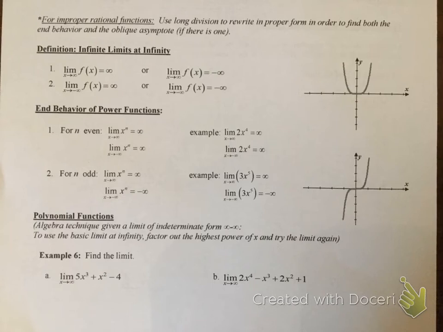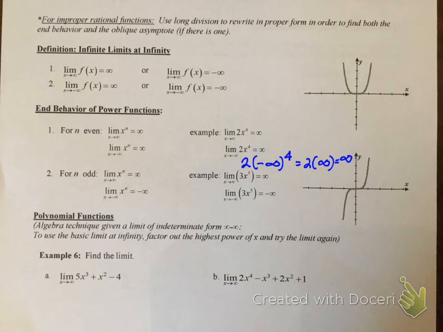So the answer is infinity. If I have the limit as x is approaching negative infinity of x to the nth power, it equals infinity. Same reasons apply. If I plug in negative infinity and raise it to an even power, it's going to become positive. So this is 2 times infinity, which is just infinity. So that's why that works out the way it does.